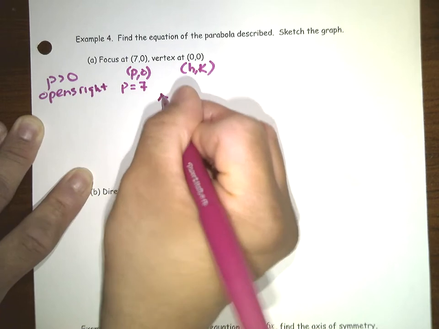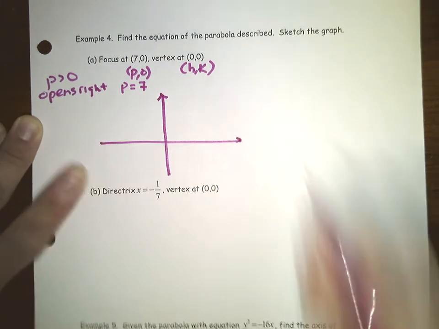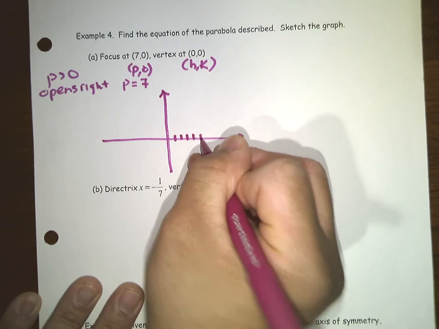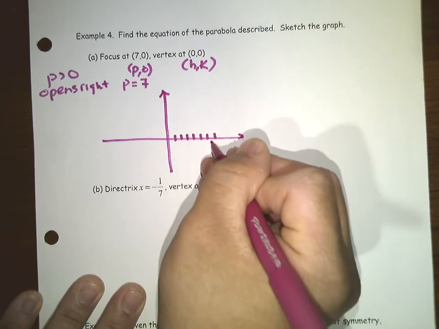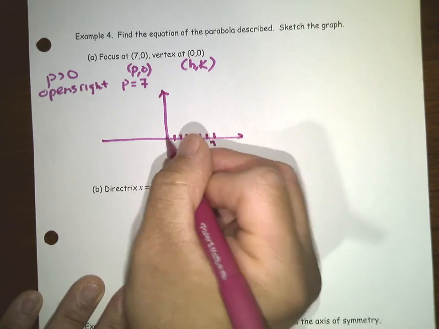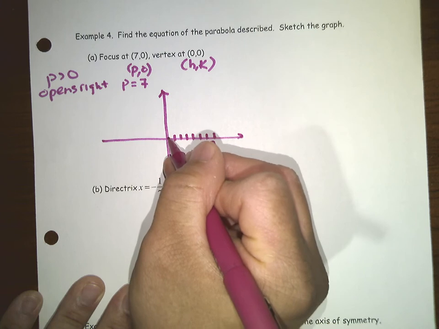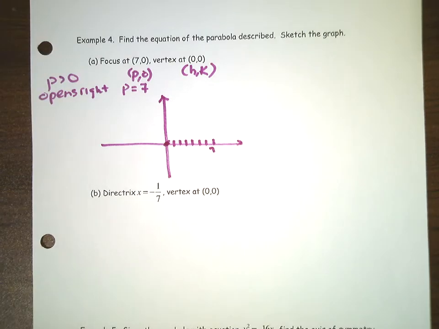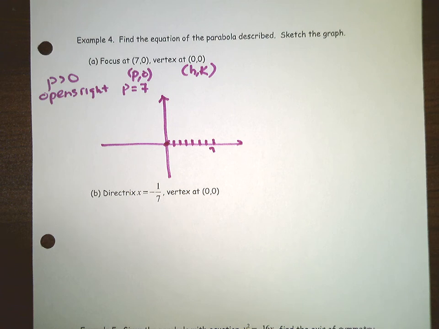All right, so here we go. The focus is at 1, 2, 3, 4, 5, 6, 7, and the vertex is at (0, 0). So what are you going to be able to do about this here?